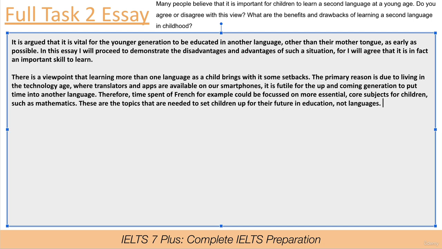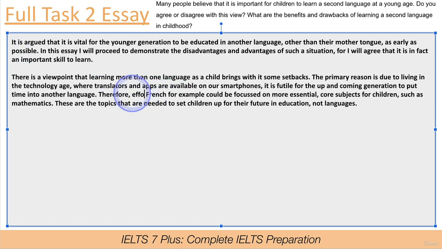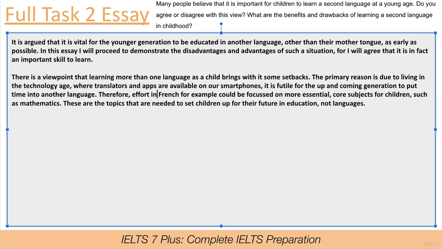Okay, so there is a viewpoint that learning more than one language as a child brings with it some setbacks. The primary reason is due to living in the technology age where translators and apps are available on our smartphones. It is futile for the up and coming generation to put time into another language. Therefore, effort in French, for example, could be focused on more essential core subjects for kids, such as mathematics.